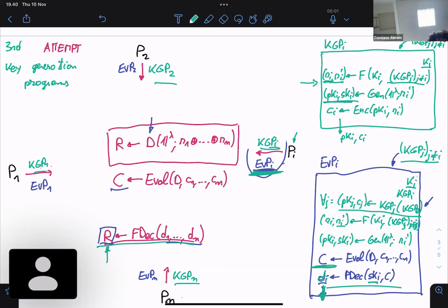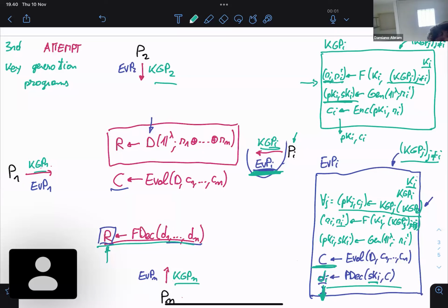I need them because the evaluation program of the other people will give the partial decryption of the other people. Oh, I see. So the evaluation program EVP_i doesn't need the evaluation programs of the other parties, but in order to retrieve D_j for j different from i, we need EVP_j. Okay, I see. Got it.